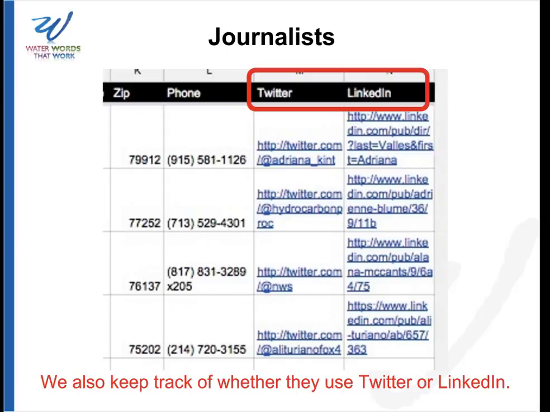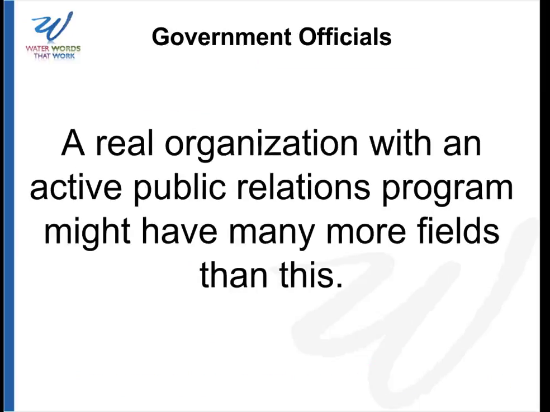For reporters, we're also keeping track of whether they use Twitter and whether or not they use LinkedIn. Now, a real organization with an active public relations program might have even more fields than that, but you'll get the sense of how you can use these various criteria to sort your MailChimp list.